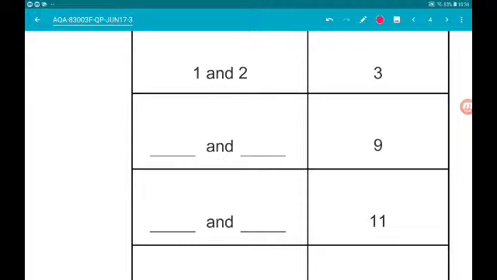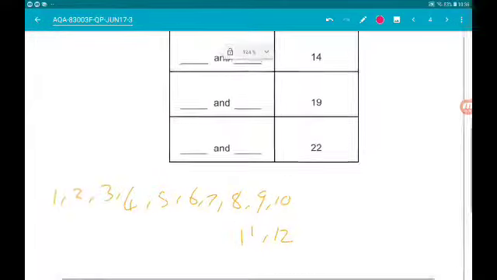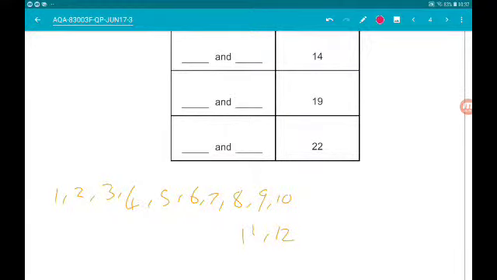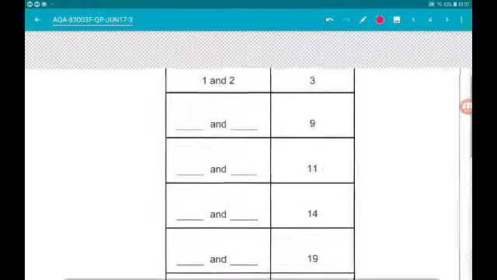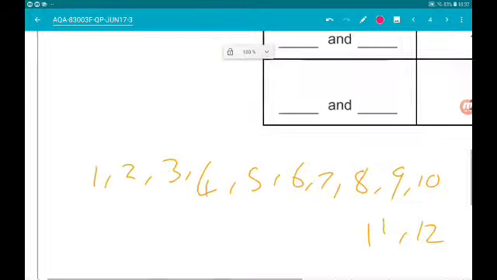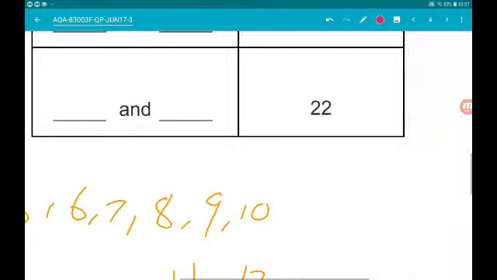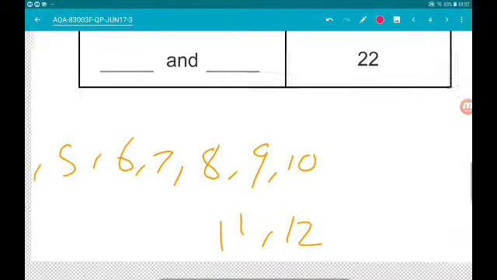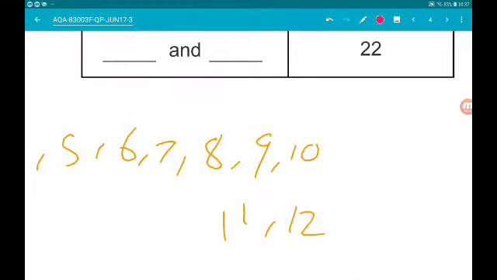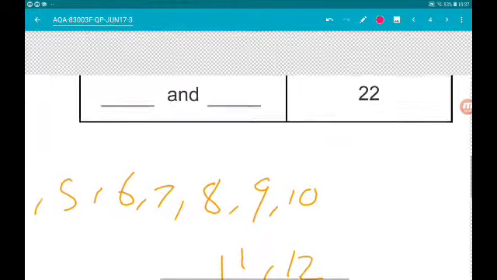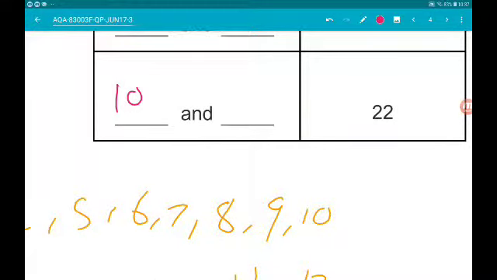So what we need to do is find a total that we can only make using one particular pair. We know we've used 1 and 2, so cross them out as we go. When it comes to making 22, using the numbers that we have, we can only do it one way: 10 add 12. So we put 10 and 12 there and cross them out down here.